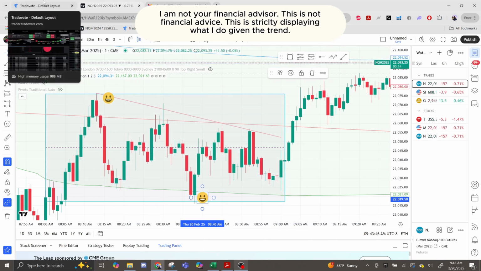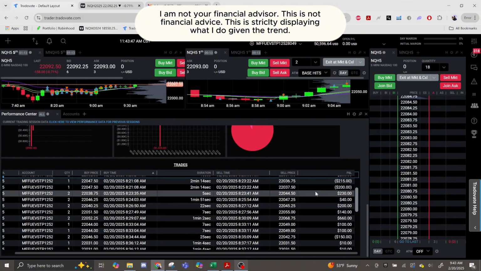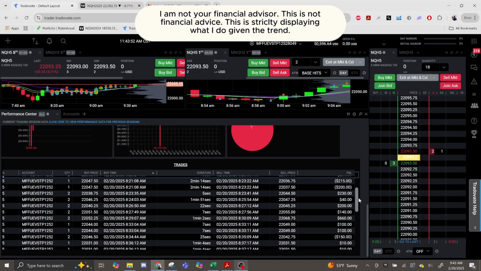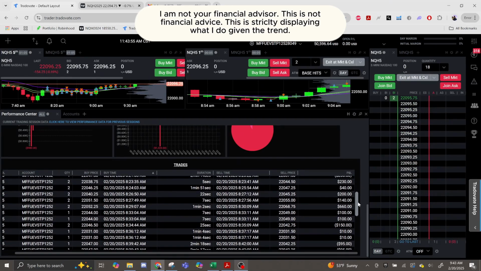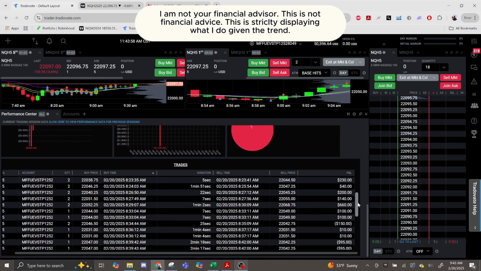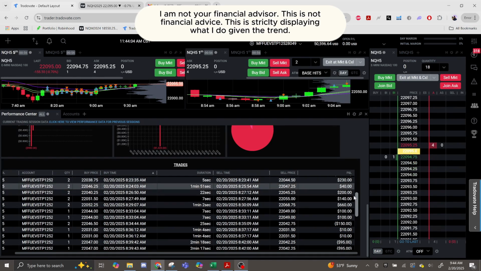So let's just go back to here. This is what I wanted to show you. From here, look at all these winners. And I do keep my stop loss relatively big. I think it is a 40 tick stop loss.